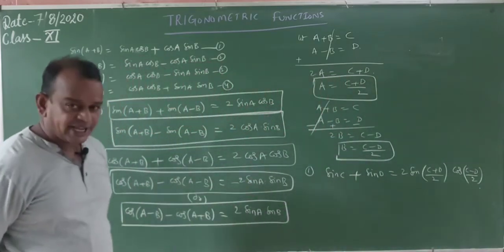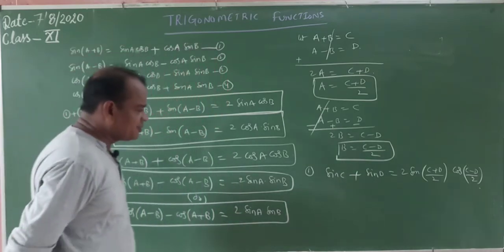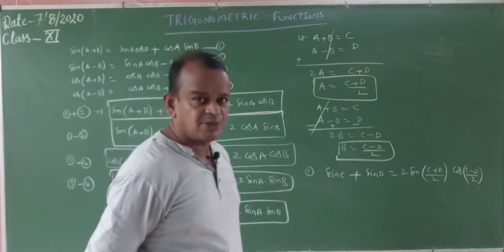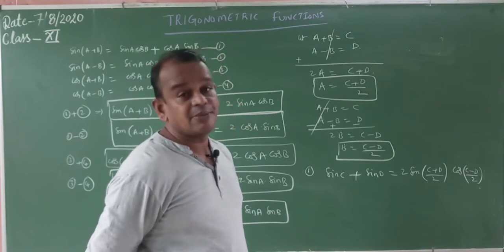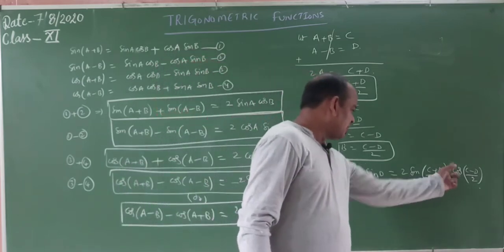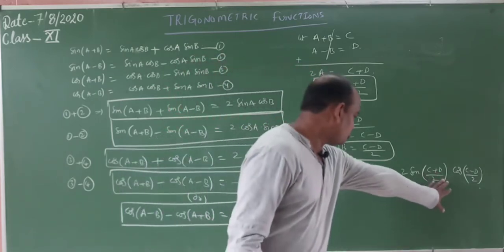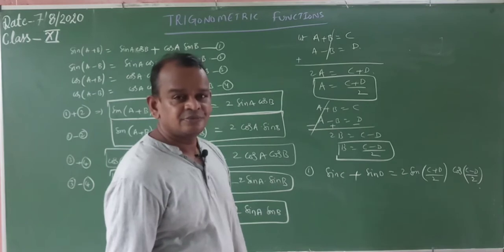That is the formula for sin C plus sin D: 2 sin((C+D)/2) cos((C-D)/2). This is the sum; the sum will be converted to the product. 100% understood or not? The product will be converted to the sum.